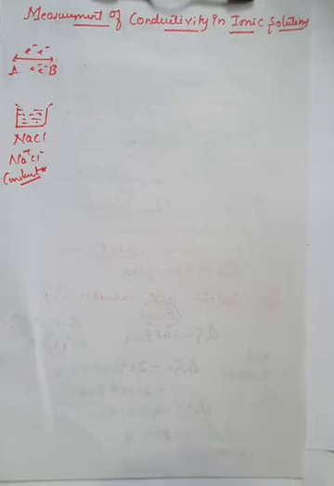Along with that, we will see how the amount of electrical current, that is conductivity, can be measured in solutions. Already we know how to calculate it for solid substances, but in case of liquid solutions we have to calculate the conductivity. Conductivity is nothing but the amount of electrons transferred during the reaction.